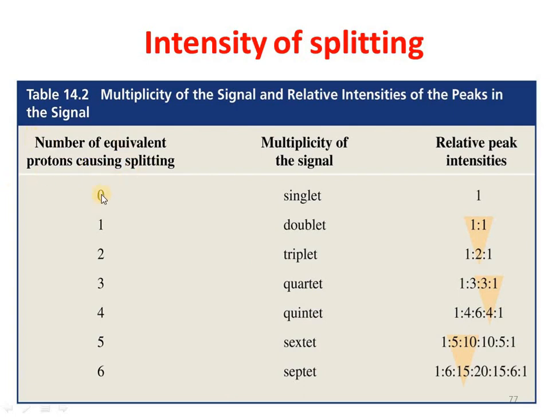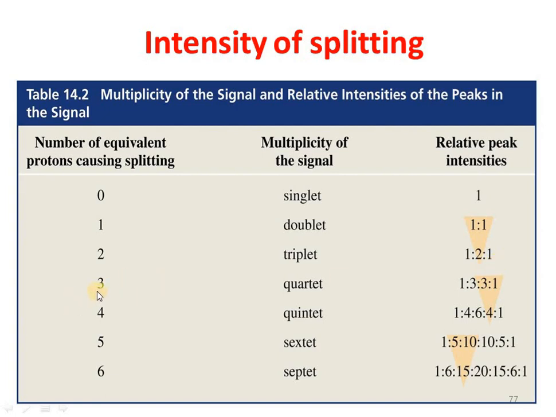If there is no proton present on the neighboring carbon, then there will be a singlet, one signal. If there is one neighboring proton, then 1 plus 1, doublet, 1:1 ratio, which we have seen in previous examples. If there are 2 neighboring protons, then 2 plus 1, triplet, 1:2:1 ratio.